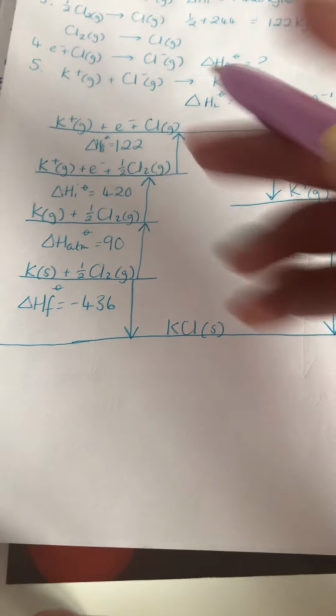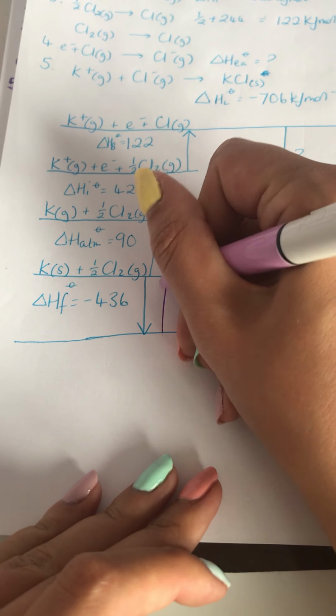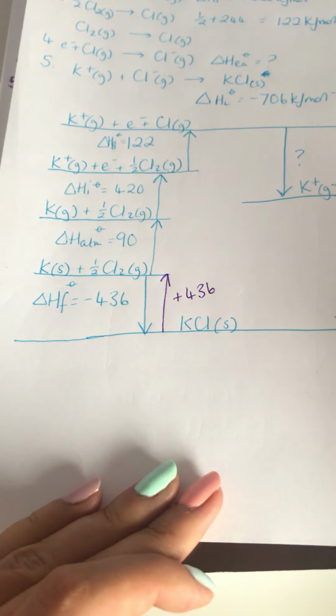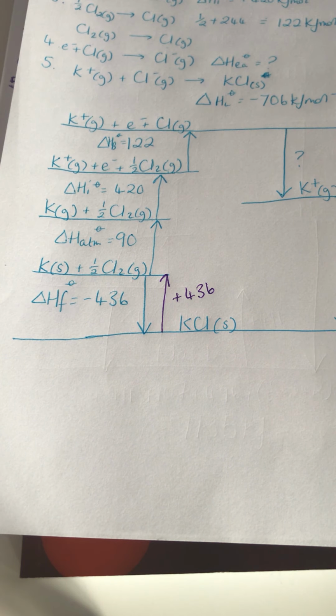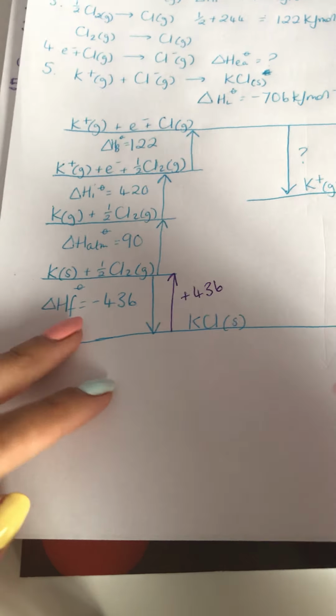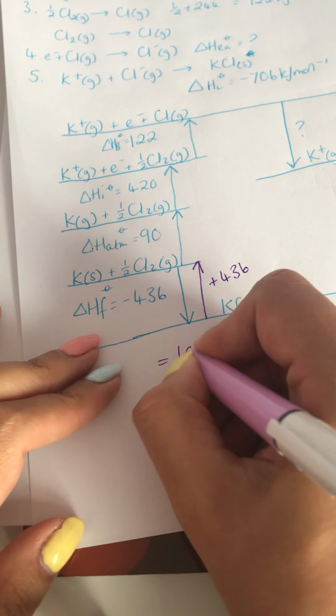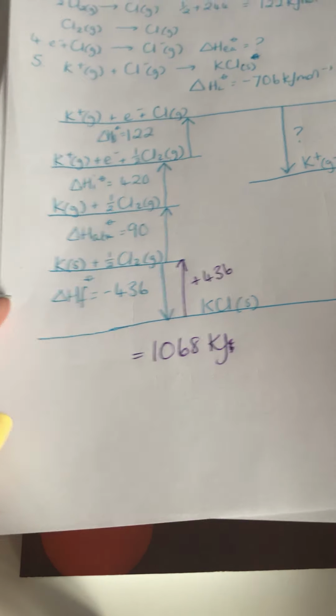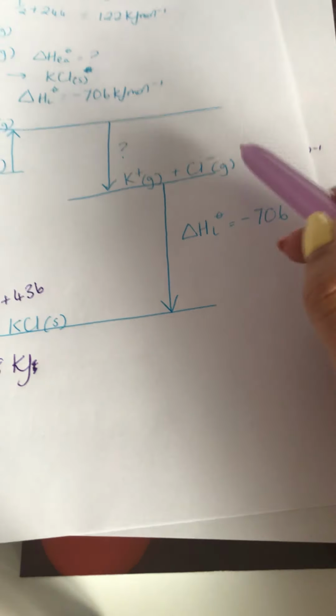So I can work out the left hand side. I'm going to turn this arrow around to make my maths a little bit more fluid. So I've got 436 and 90 and 420 and 122. So the left hand side is going to equal 1068 kilojoules. And then my right hand side, I want to know what this is.